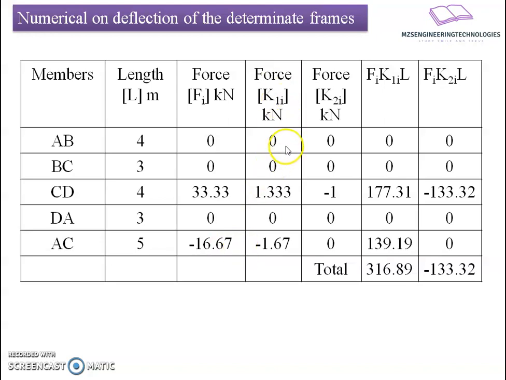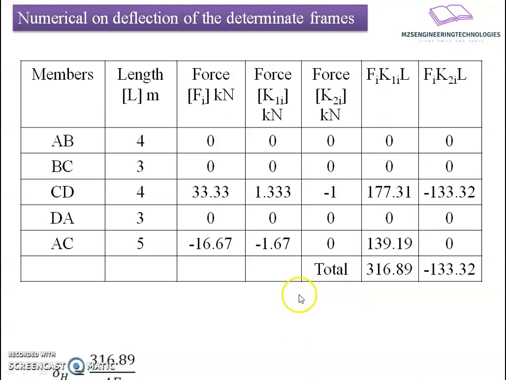Force due to K1 0, 0, 1.33, 0, 1, minus 1.67. Force due to K2 0, 0, minus 1, 0, 0. The product summation of Fi K1 I Li is 316.89. Summation of Fi K2 I L is minus 133.32.